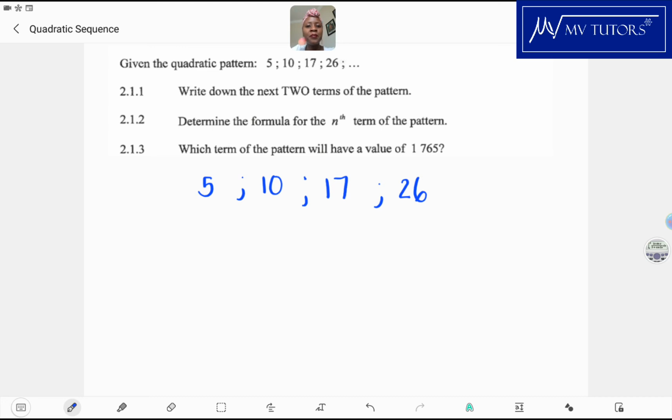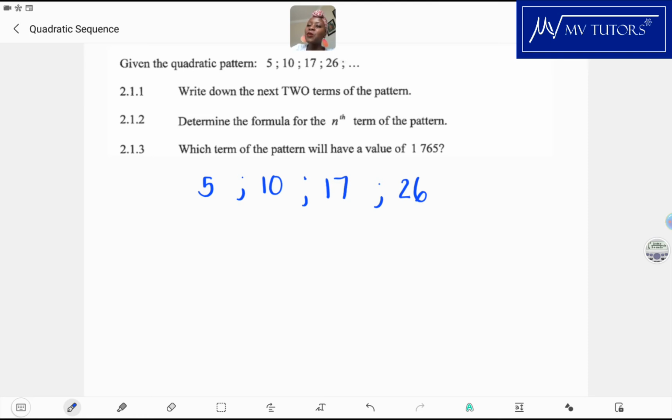Like I said, normally in an exam they don't tell you that you have a quadratic sequence. If they give you 4 terms, you must think, I think I have a quadratic sequence here, because if it's arithmetic or geometric, you just need 3 terms. Here we have 4 terms, but anyway they told us it's quadratic.